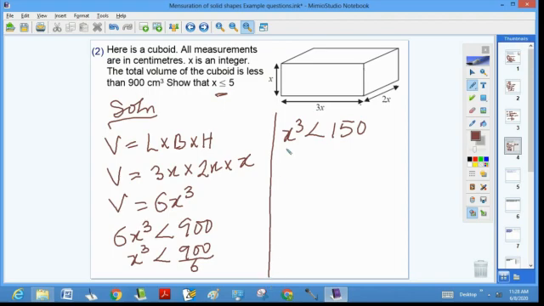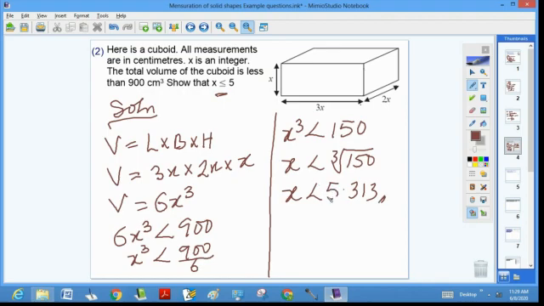So we now proceed to say that, taking the cube root of both sides, we have x is less than cube root of 150, and x is less than around 5.313 when you check with your calculator.